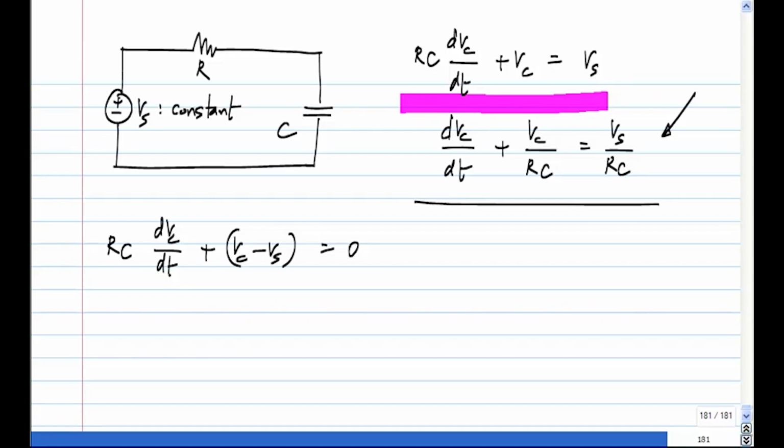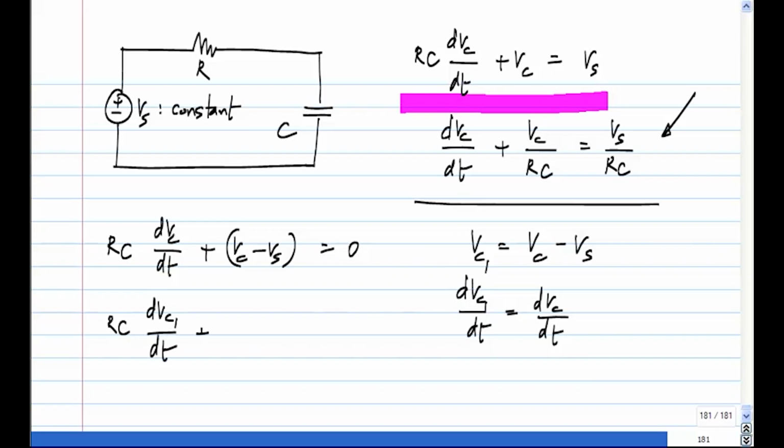Okay. And Vs is a constant. So if I call Vc1 as Vc minus Vs, the derivative here is the same as that, obviously, right? Okay. So what's the solution to this? This we have already found.